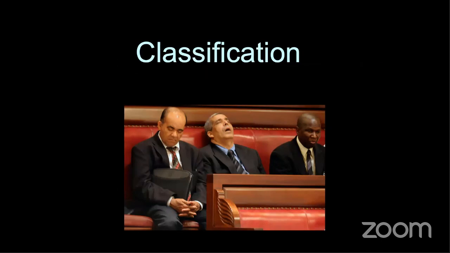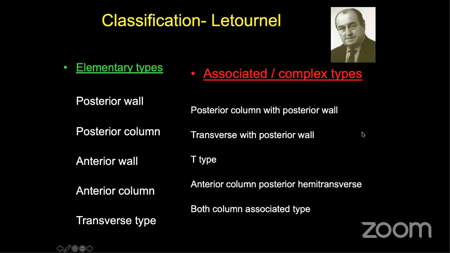Most of you will find classifications quite boring, but of all the classifications that are available in orthopedics, if there is one classification that helps me with planning treatment and understanding the anatomy, it is the Letournel classification. In my biased opinion, probably the best and the most useful classification in trauma. So what Letournel described is two groups.